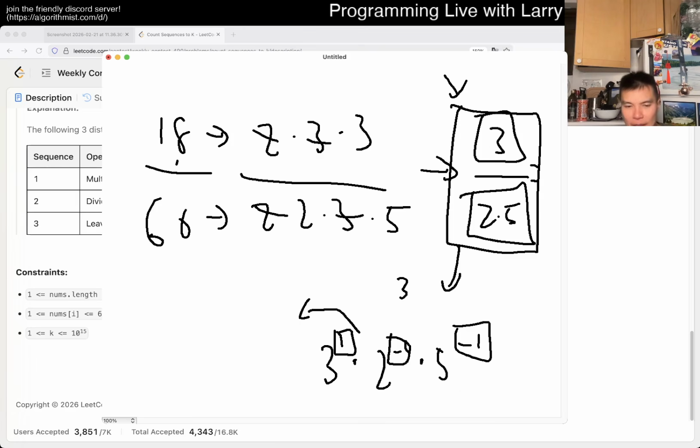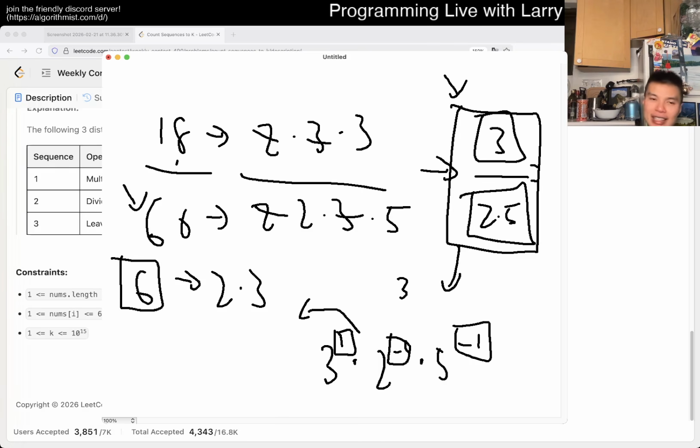You don't need this per se, you can YOLO, but what this means is that for every number, let's say you have 2, you can have 2, 3, or 5, but it only goes up to 6. So if it's 6, you have 2 and 3.